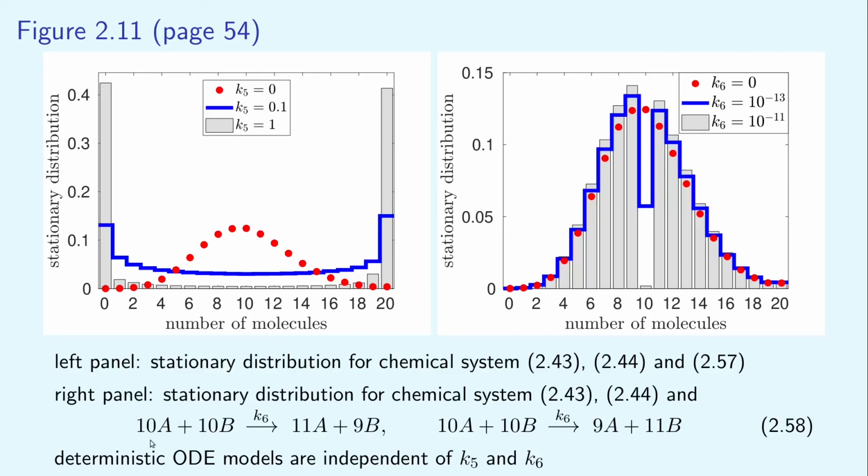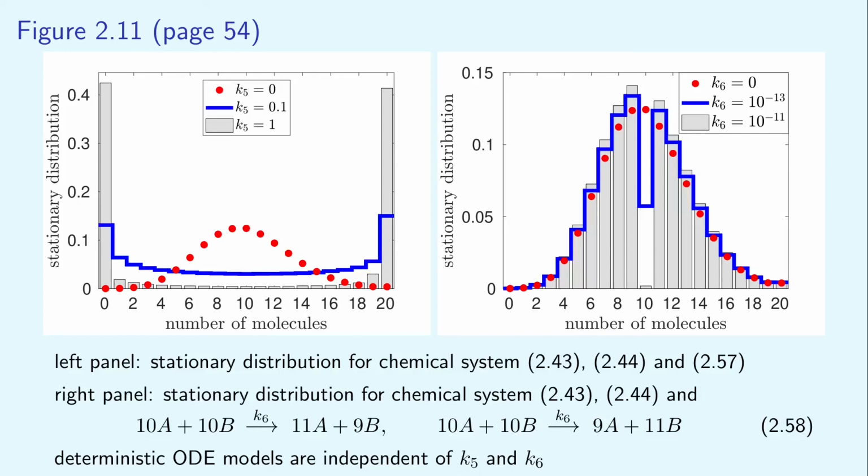In this reaction, 10 molecules of A react with 10 molecules of B. Since the sum A plus B is equal to 20, this reaction can only happen if there are exactly 10 molecules of A and 10 molecules of B in the system. If we make the rate constant K6 very large, then this reaction will happen very quickly whenever there are exactly 10 molecules of A and 10 molecules of B in the system.